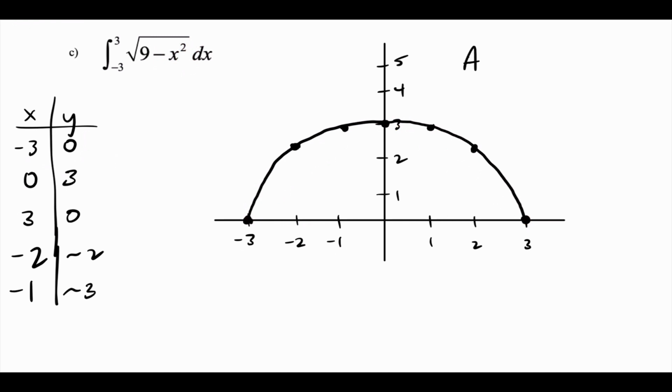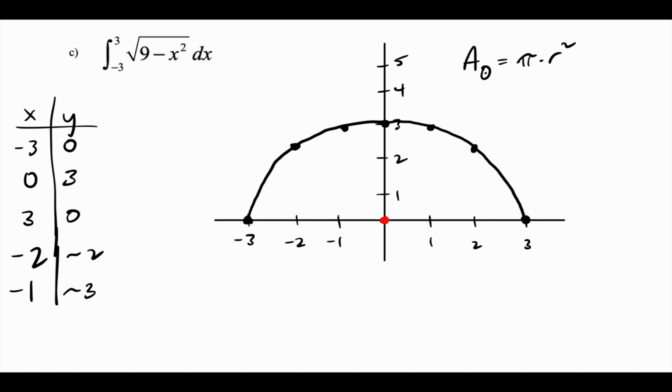Area of a circle, pi times the radius squared. So what is the radius of this guy? What's the radius going to be for this circle? Yeah, it looks like the center is 0, 0.